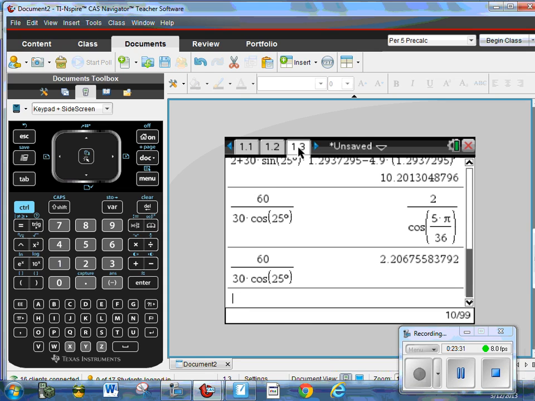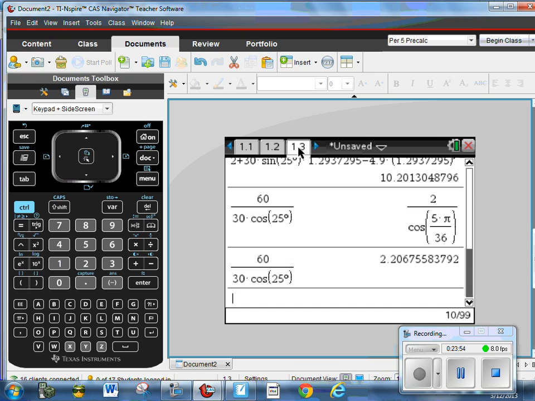First of all, I did do 60 divided by 30 cosine of 25 degrees. And now that tells me the time at which the ball is 60 feet away from where it's thrown. Now I want to know how high it is at that time, so I can see if it clears a 5-foot wall. So I just want to know the y coordinates.